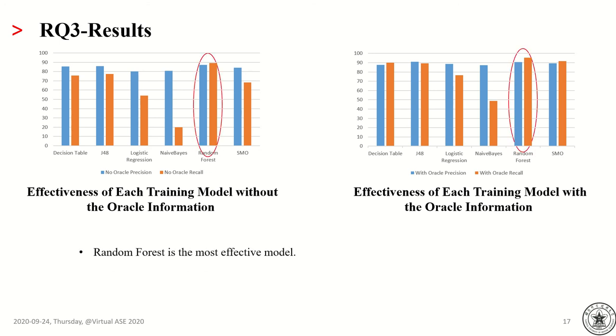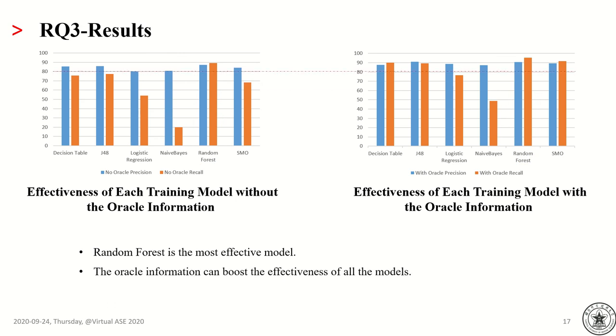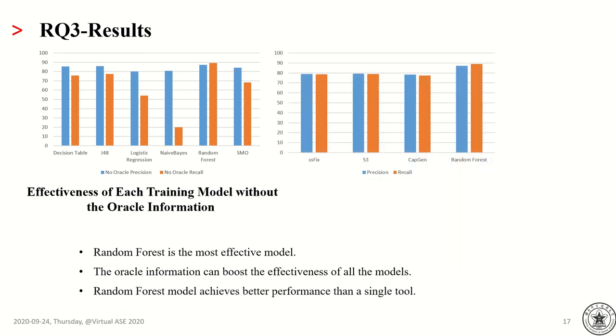First, random forest is the most effective model. Second, when comparing results from the two different experiment settings, the oracle information can boost the effectiveness of all the models. Third, the random forest model achieves better performance than a single tool.